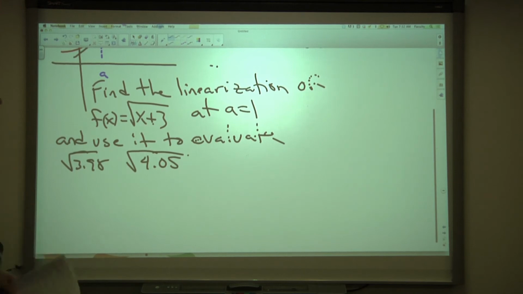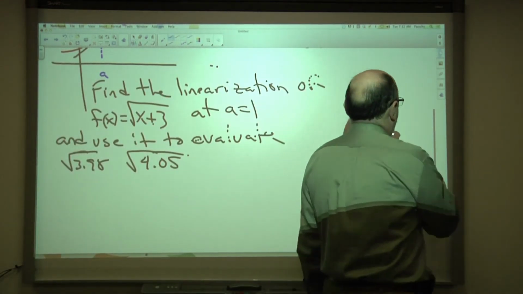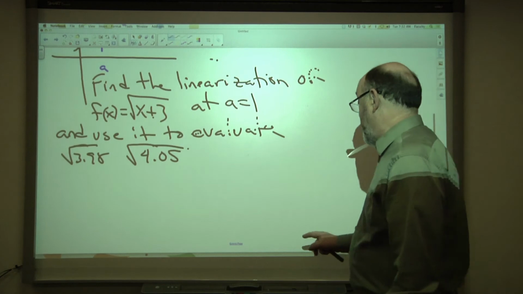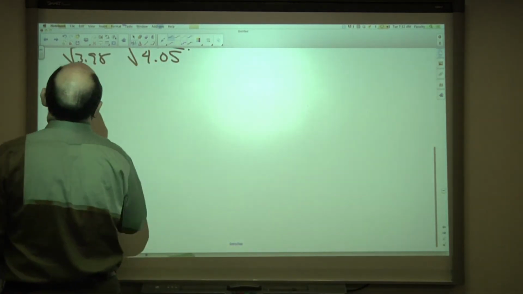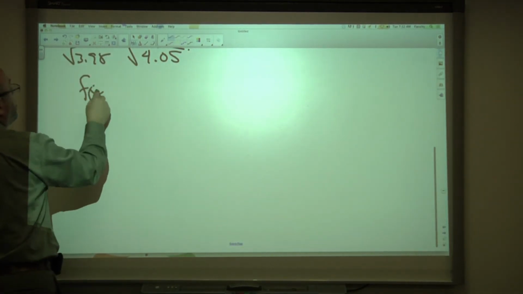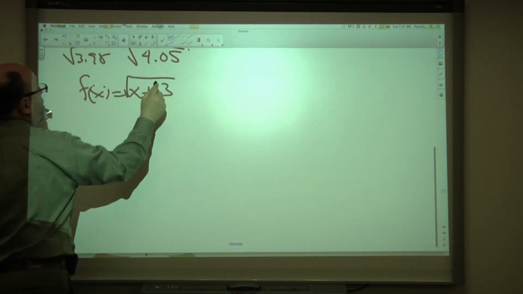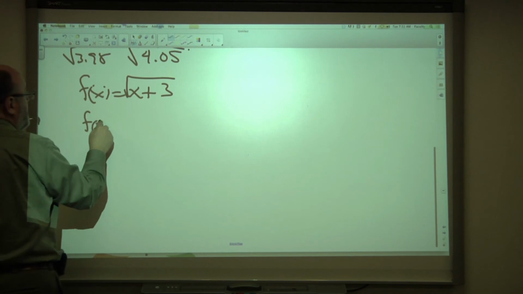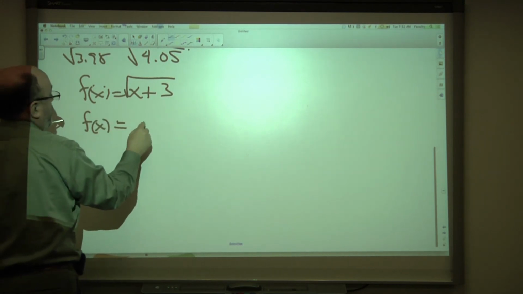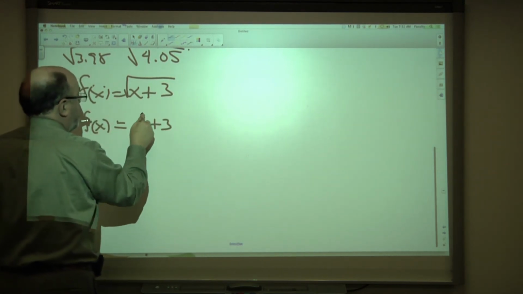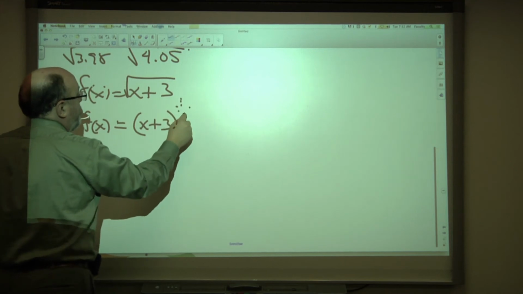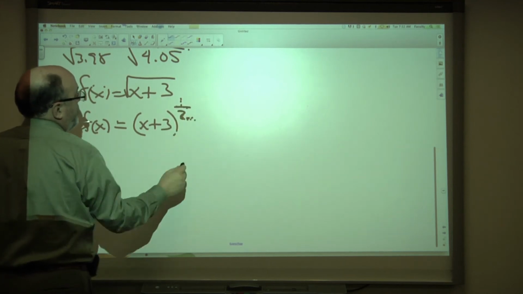So let's go through and do this. So first off, I need to rewrite my equation. So we got f of x was equal to the square root of x plus 3. Well, then this becomes x plus 3 to the 1/2. Right? So rewrite.